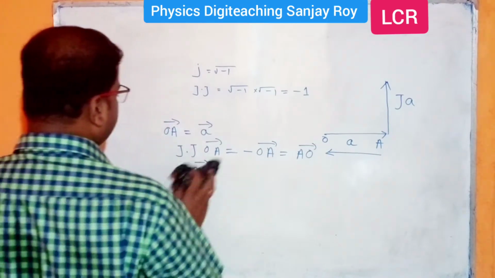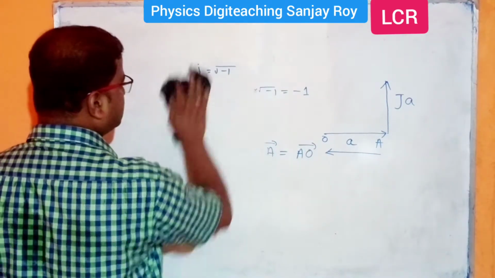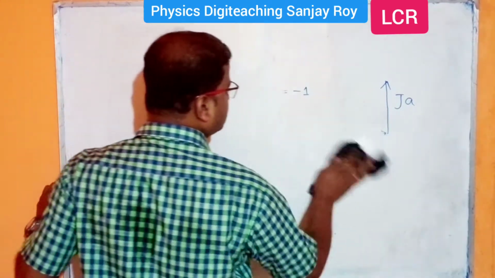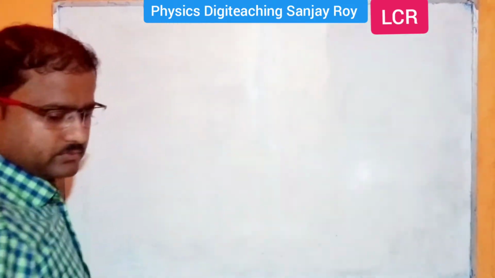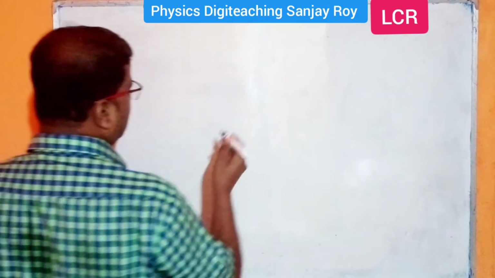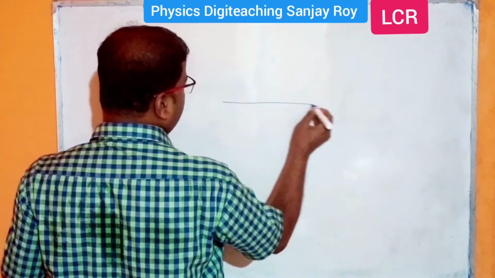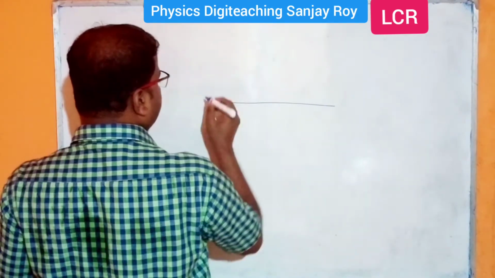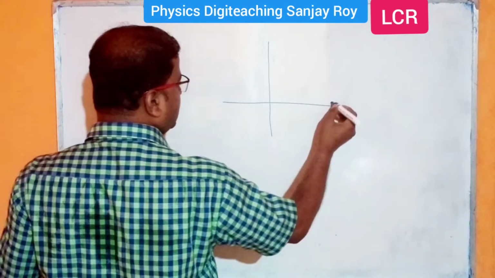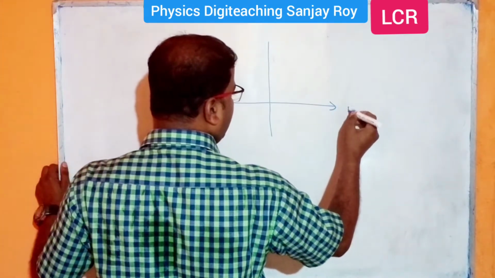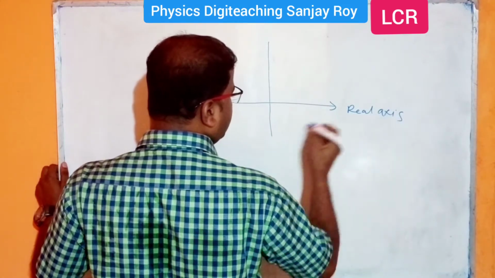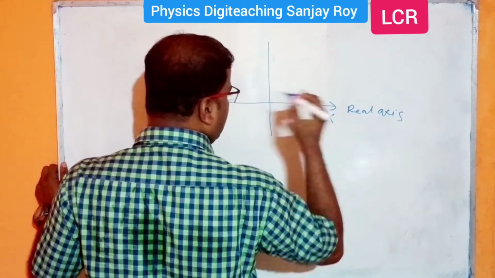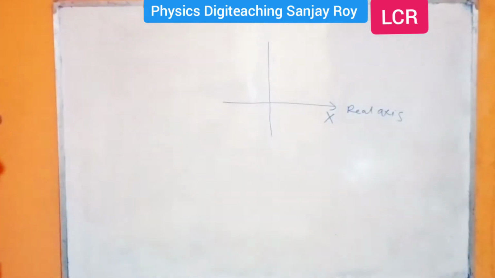Now see, this is the real axis, representing a real number x.